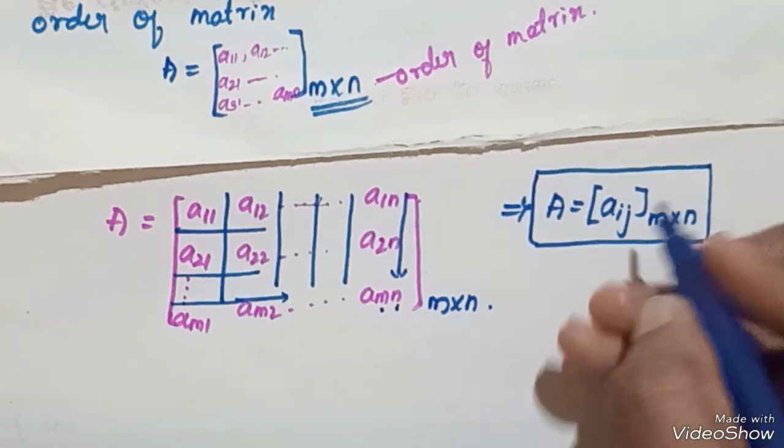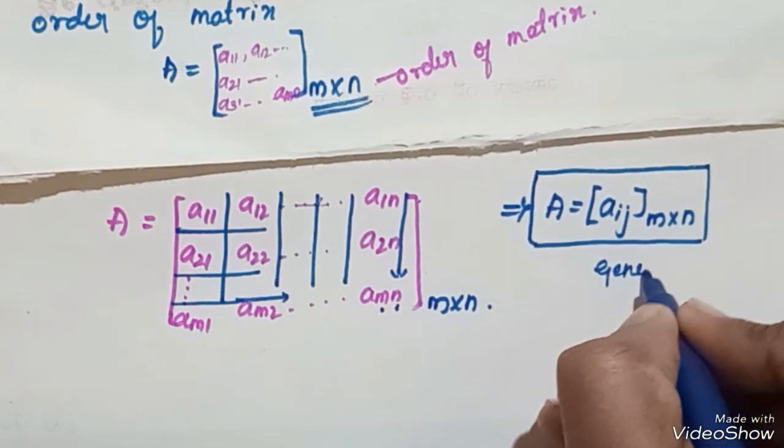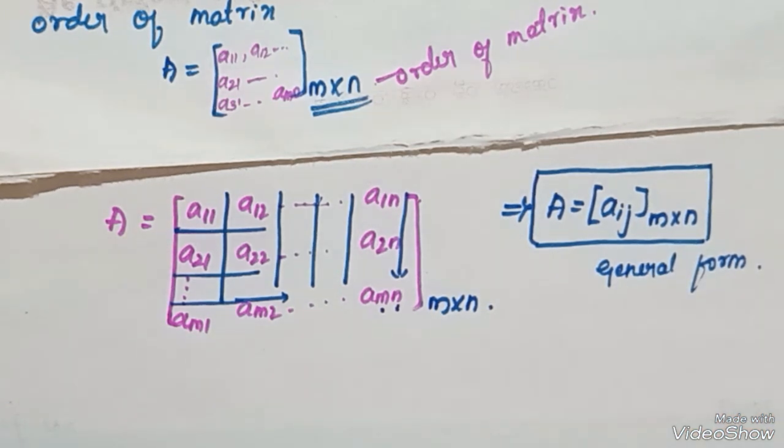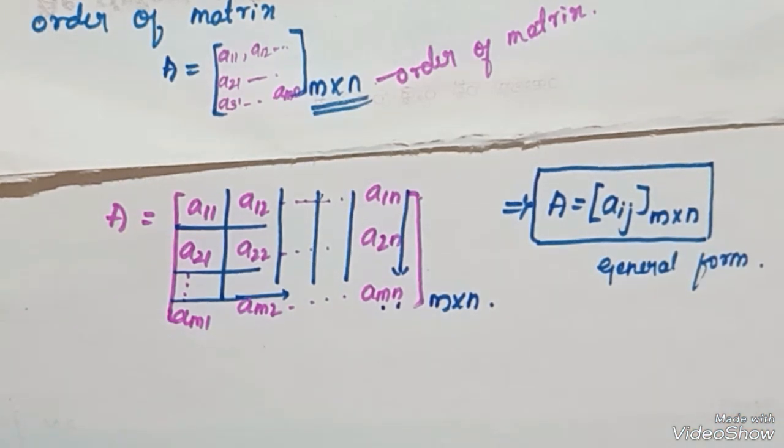The general form of the matrix is A equals Aij, m cross n.